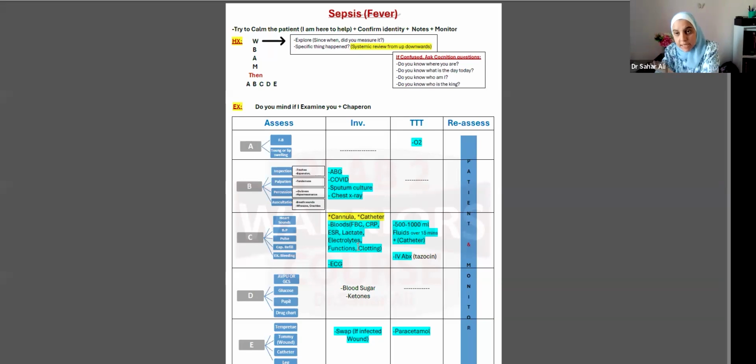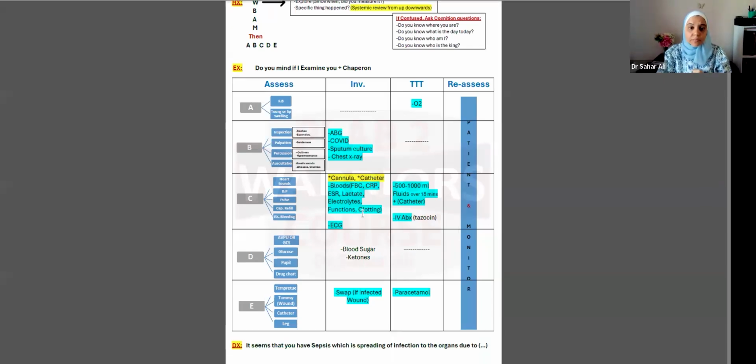If the examiner asks you, then ask for ECG, heart tracing, and then based on the blood pressure, if the blood pressure is low, you start with 500 or 1000 ml fluids over 15 minutes, okay, and you insert the catheter, cannula and catheter, all right.